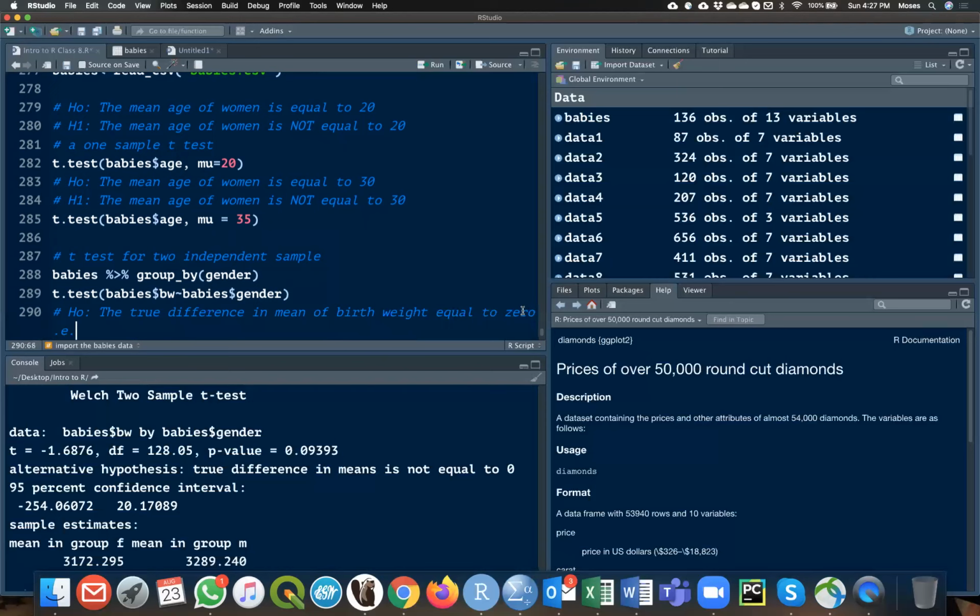If you want to do it by gender, you can write this as the mean birth weight in males is equal to the mean birth weight in females.